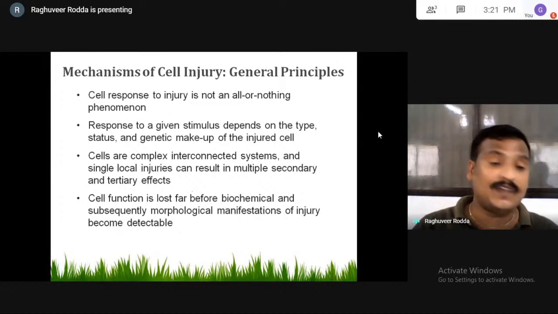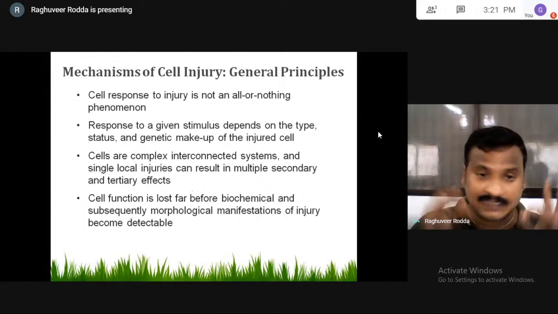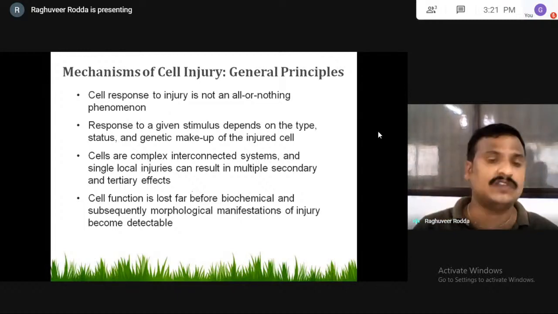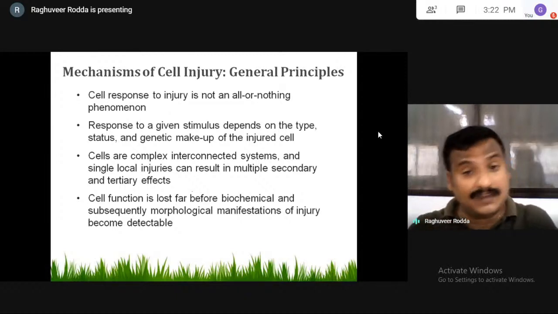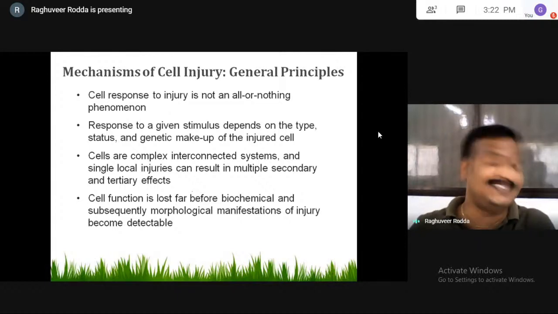Then another important thing: when will the function of the cell be lost? Will it be lost at the initiation of infection or injury, or at the end of the injury? It's not.